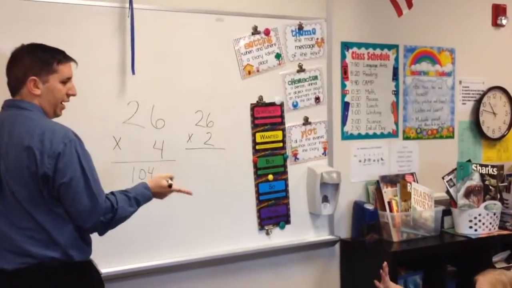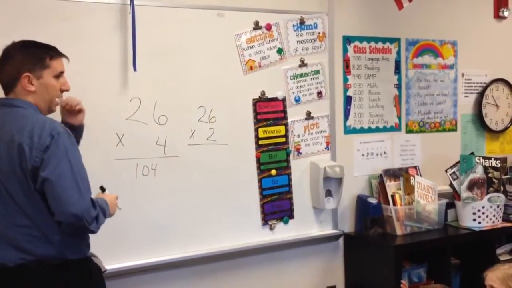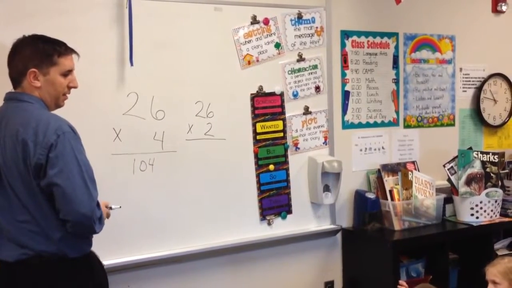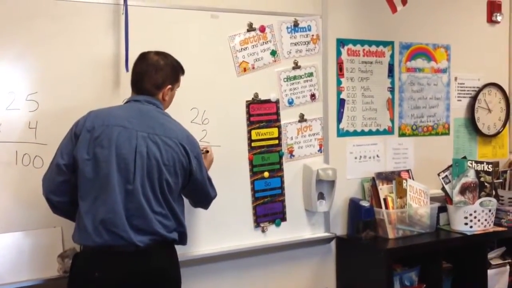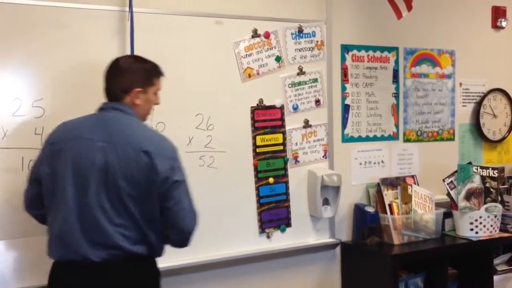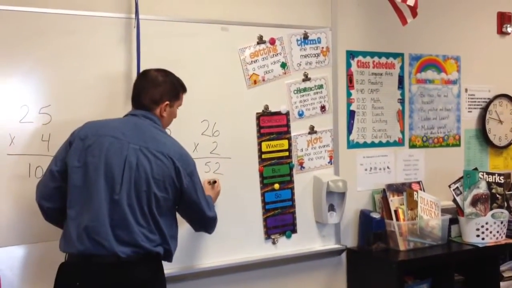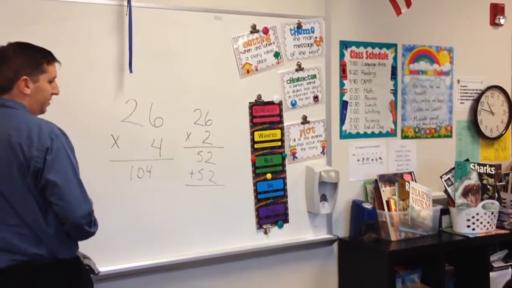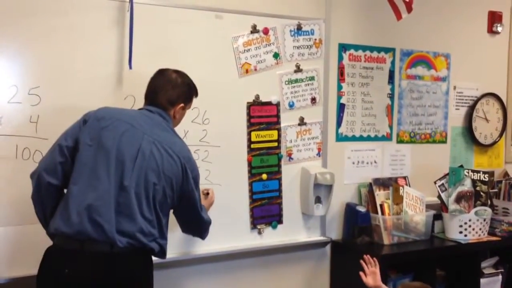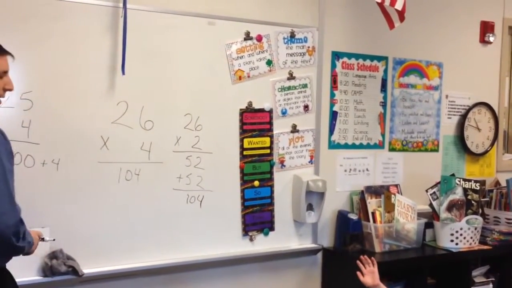Wow, this is a new strategy for today. 26 times 2 would give us 52, and then you did what to it? I doubled it. Our doubling strategy came into effect. Good job. And we still get the same answer.